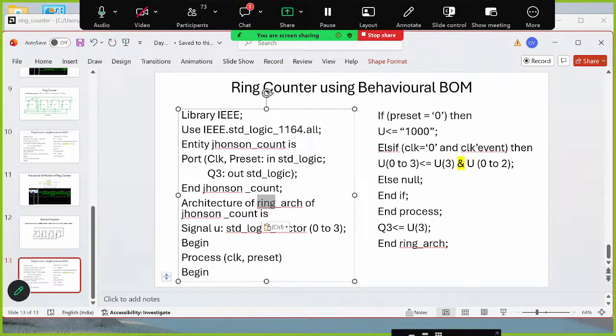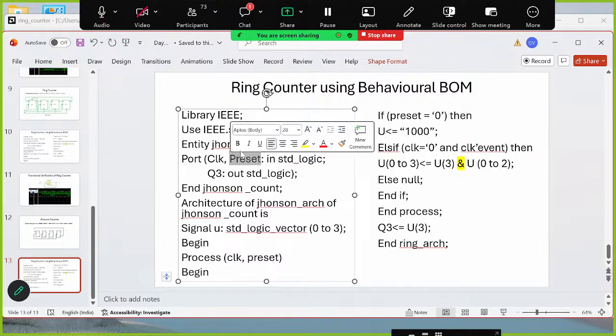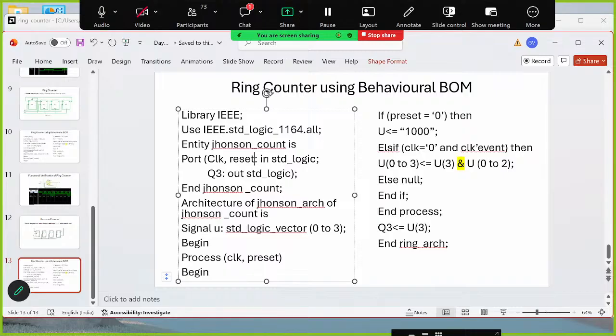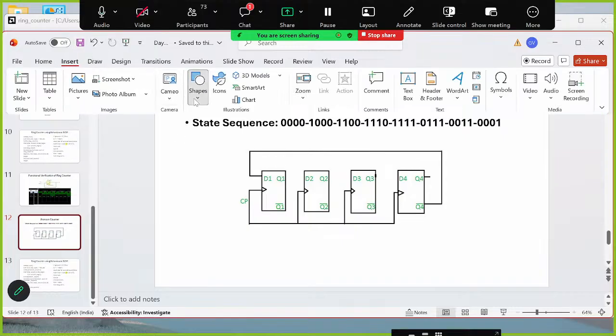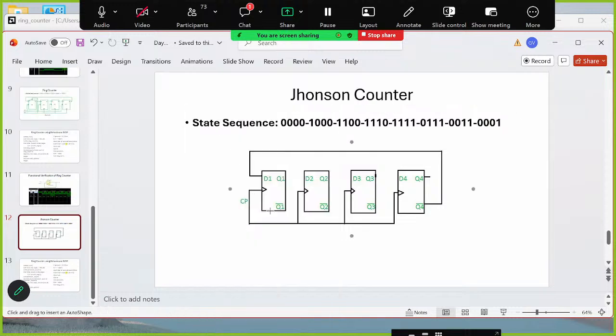Try to use this logic, or you can generate your own logic also, and give me the example whether it is working or not. Instead of preset, we can write reset, because there is no preset, but we can introduce one reset in this design. Let me insert it for you so that you can remember this.